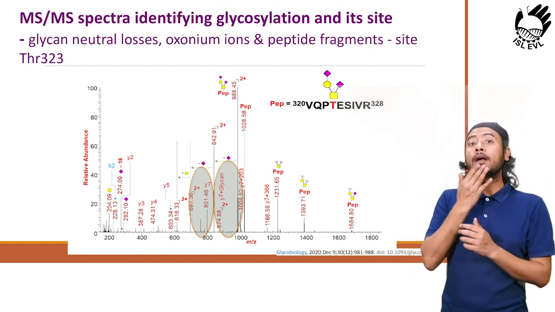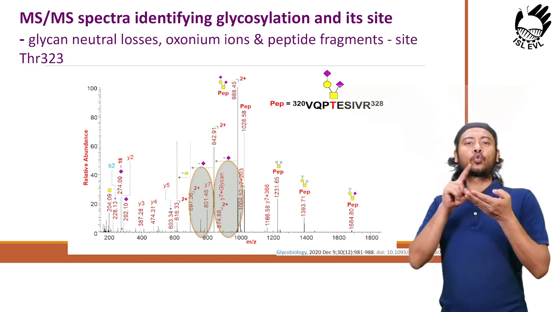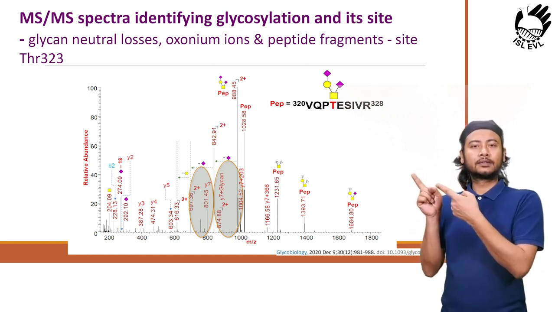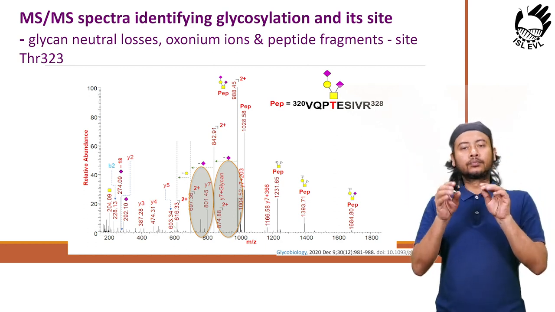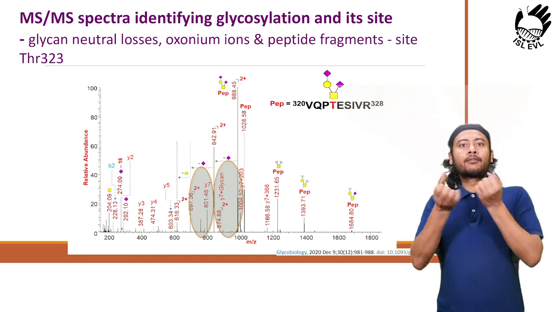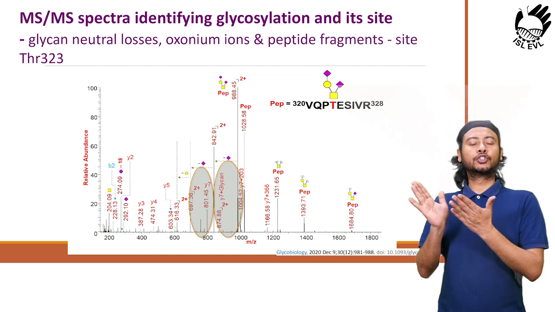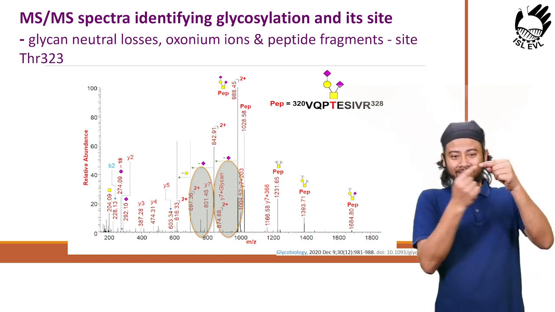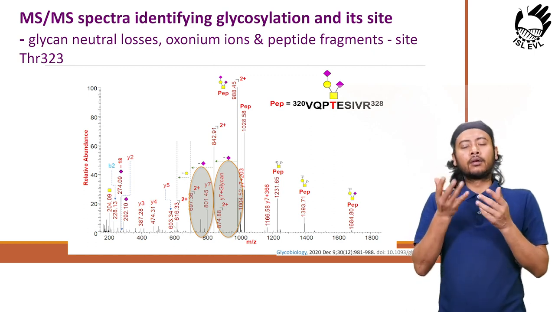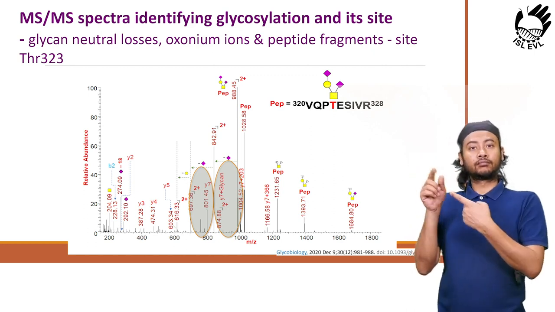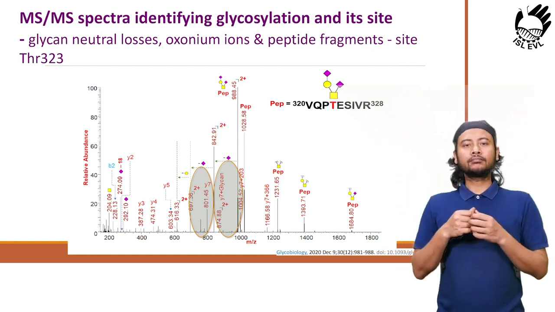The yellow squares are galactose, N-acetyl galactosamine. So those are shown in yellow squares, and those show the presence of such type of glycans in this spectrum. So similarly, now we confirm the presence of glycan fragments, and in the same way the peptide fragments such as B and Y ions of the peptides are also found in this particular spectrum.